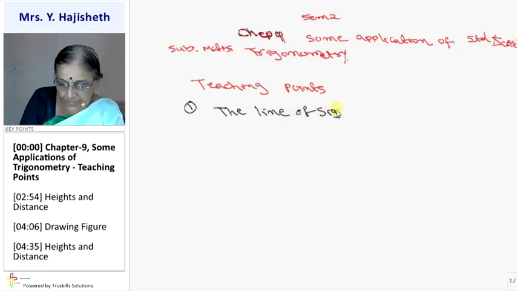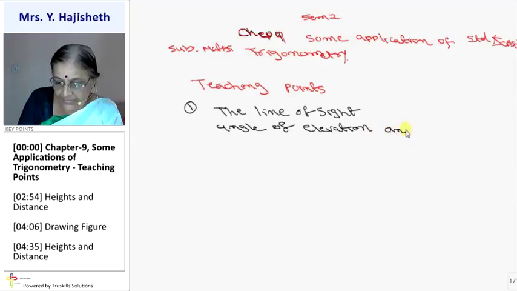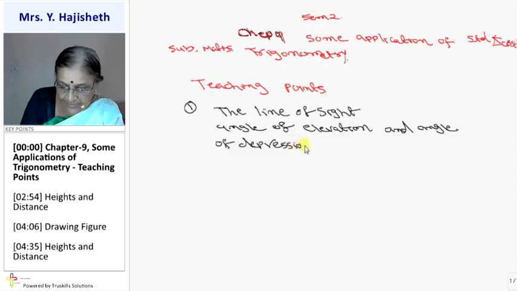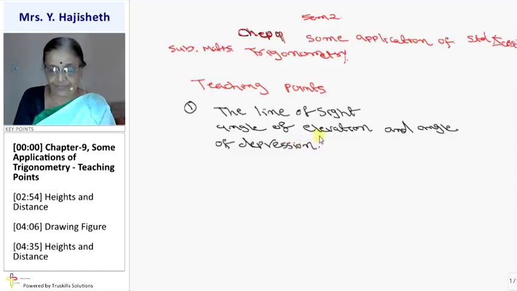What do you mean by line of sight? That you should understand first. Then angle of elevation, that we are going to discuss and try to understand. And another angle is angle of depression. 3 terminologies we have to understand and learn before we start this topic.